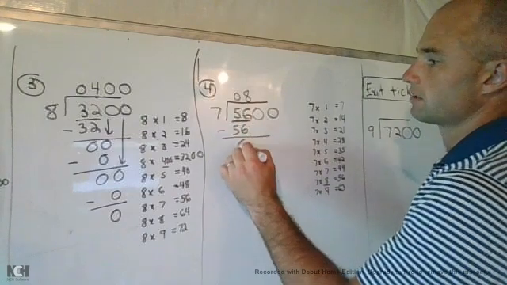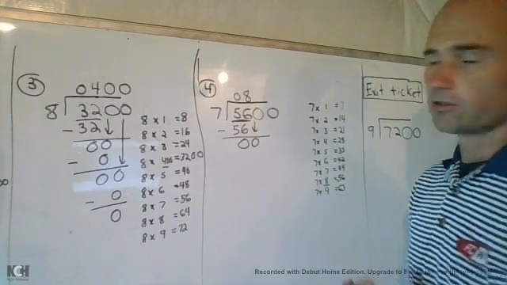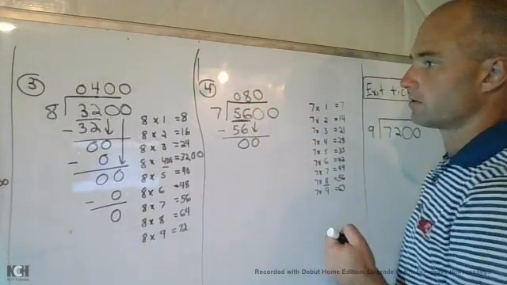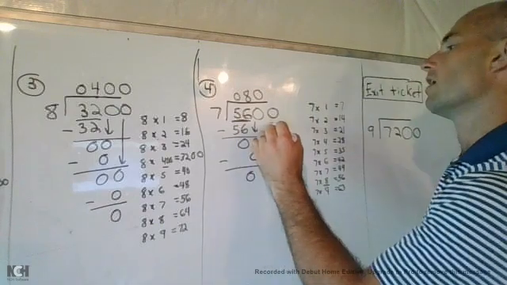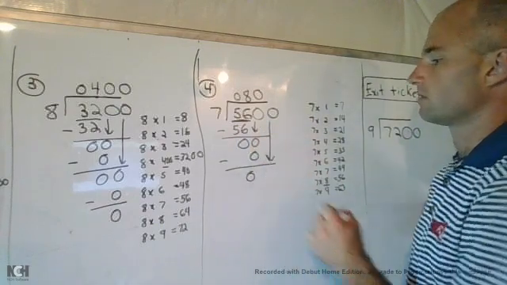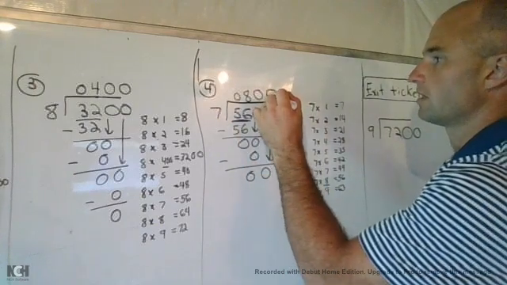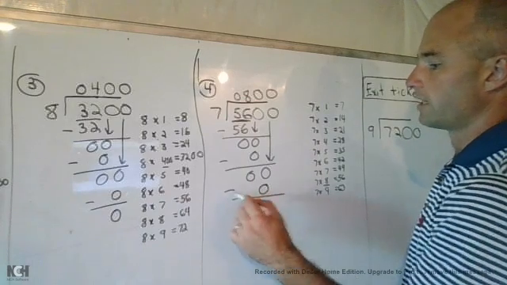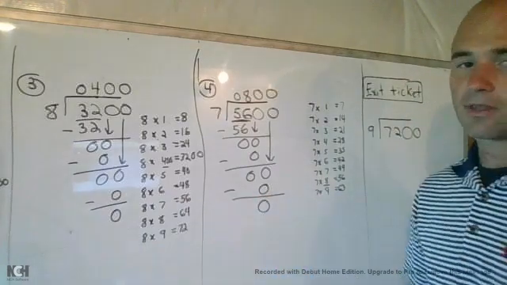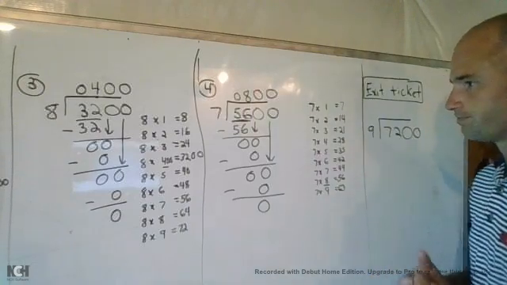I subtract, I bring down that 0. 7 goes into 0 times. 0 times 7 equals 0. I subtract, I bring down the 0 from the ones place. 7 goes into 0 times. 0 times 7 equals 0. I subtract, got nothing left over, nothing to bring down, giving me an answer of 800.